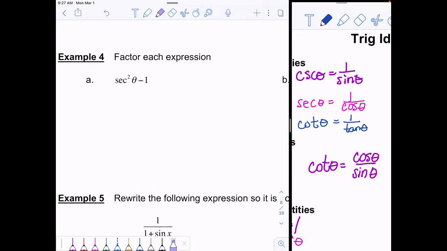So we have secant squared theta minus 1. Think about how does that factor? It's just asking you to factor. Doesn't say to simplify, it just says to factor.